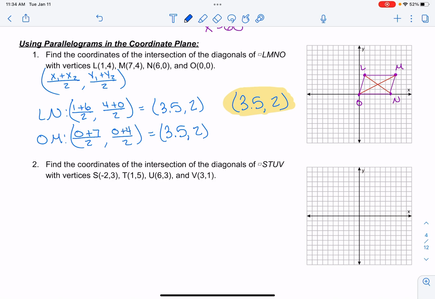And then our last problem, same thing, find the coordinates of the intersection of the diagonals of parallelogram STUV with vertices at (-2, 3), (1, 5), (6, 3), and (3, 1).